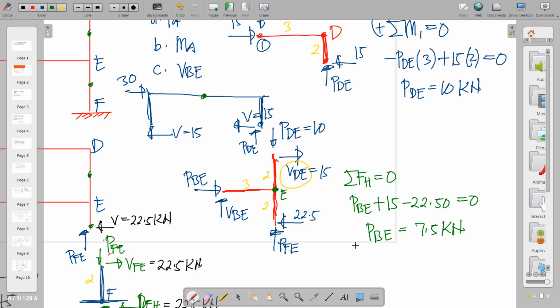So that we can take moments at this point. This is point E. So summation moments along E is equal to 0.